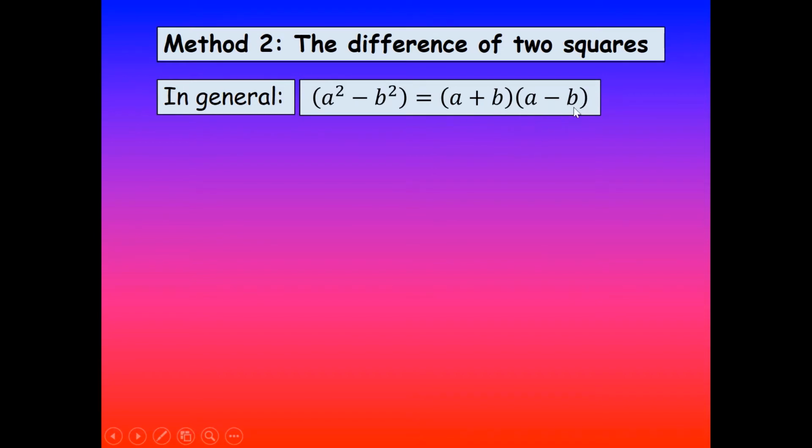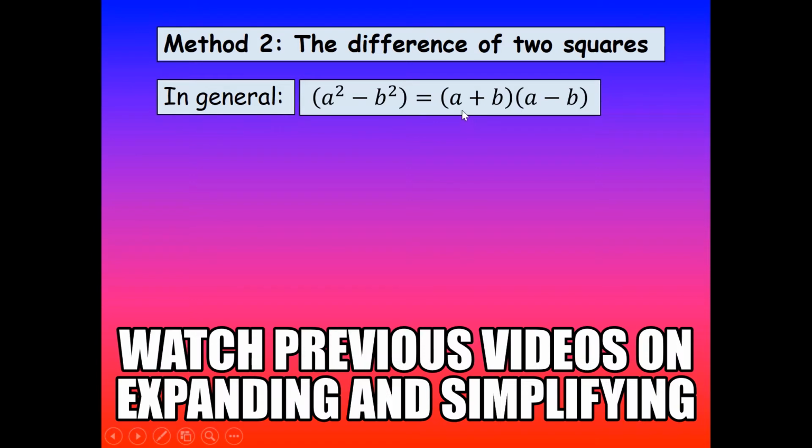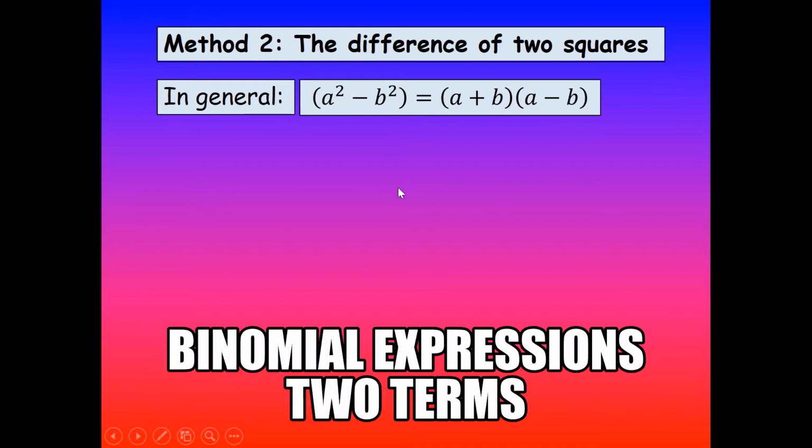So a plus b and a minus b is the two factors for a squared minus b squared. Now quickly we can check, if I expand this and simplify, I will be able to get a squared minus b squared.